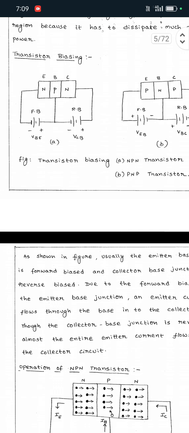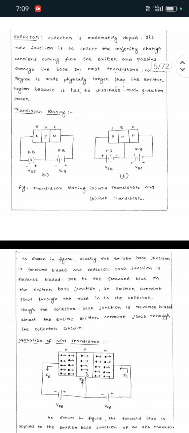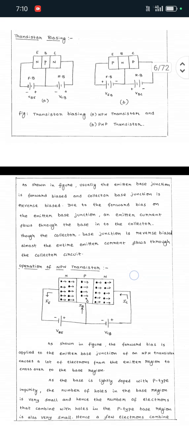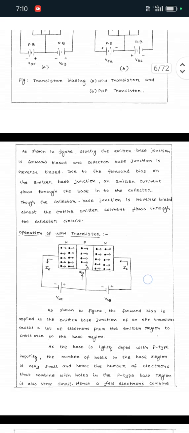Due to the forward bias on the emitter base junction, emitter current flows through the base to the collector. Though the collector base junction is reverse biased, almost the entire current flows to the collector current. Okay, so next, operation of the NPN transistor.